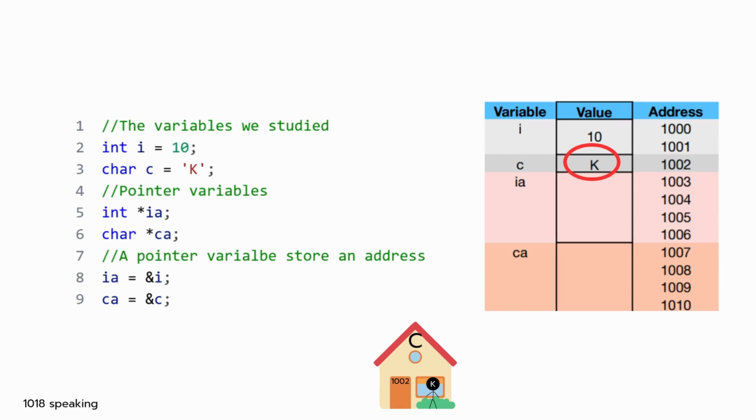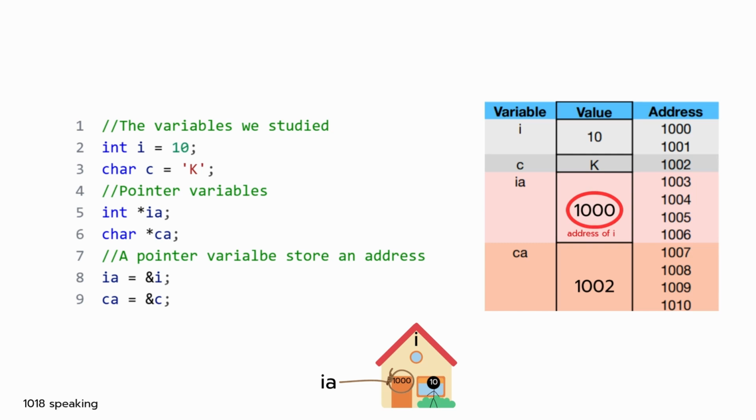Now things get interesting. We also declare two pointer variables, ia and ca. Remember, pointers don't store values like 10 or k. Instead, they store addresses. They remember where something lives.